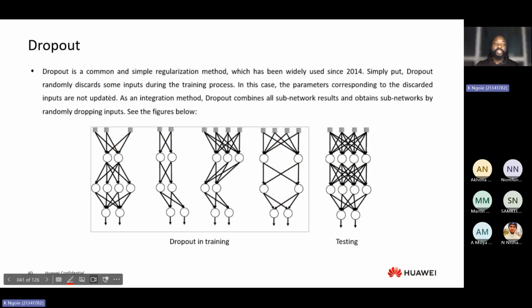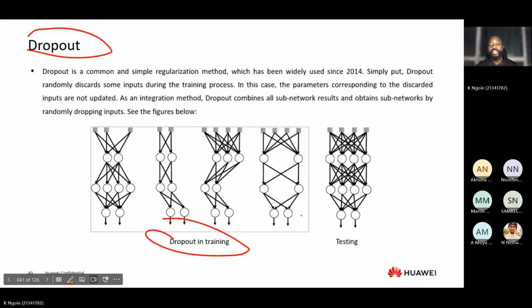Another normalizer, the third normalizer, is what we call dropout. Remember yesterday I mentioned dropout means sometimes we don't need to use the whole neural network. In training, you introduce a dropout, where while the model is training, you tell the model to drop out a certain part of the neural network.